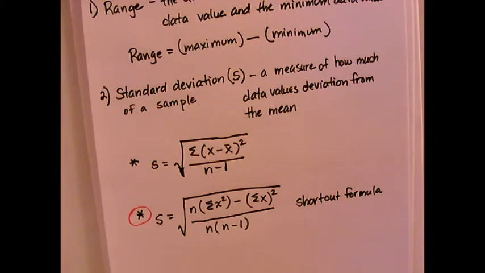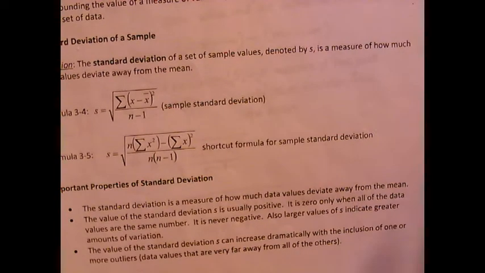Now there are some properties of the standard deviation that I'm going to put up here. The standard deviation is the measure of how data values deviate from the mean, or how those data values are spread from the mean. The value of the standard deviation is usually positive, and is zero only when all the data values are the same number.